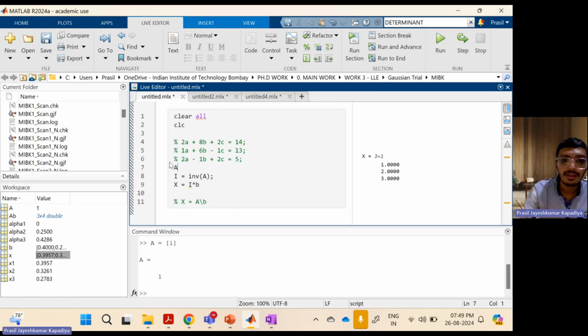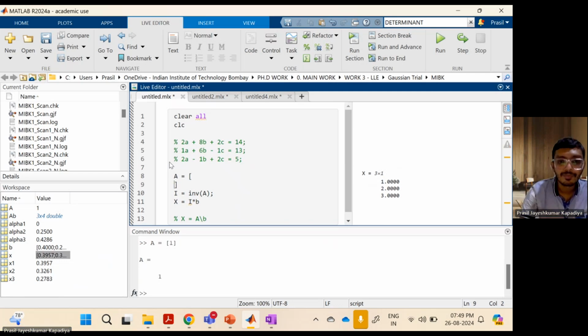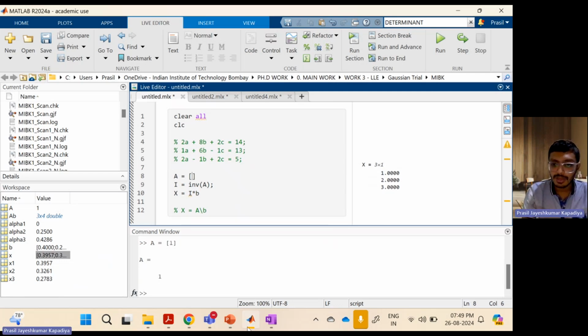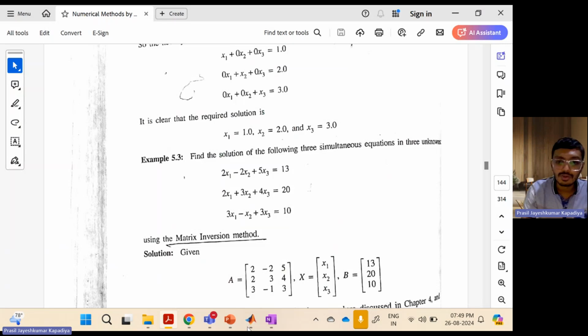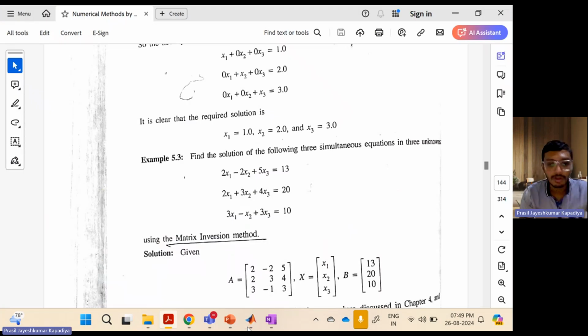So my A is equal to: my first equation 2, minus 2, 5. My second equation 2, 3, 4.